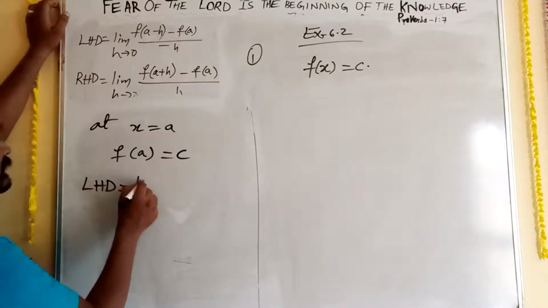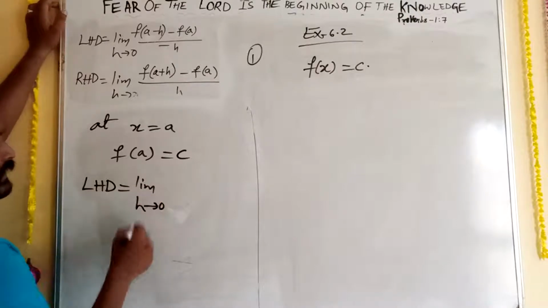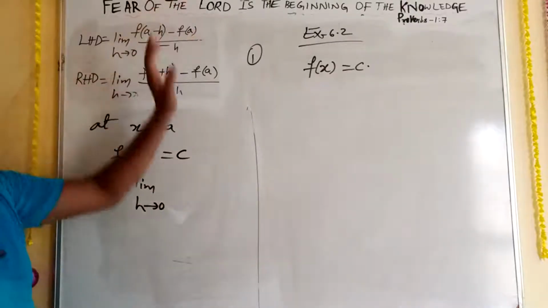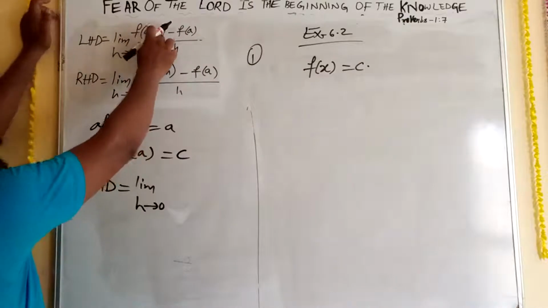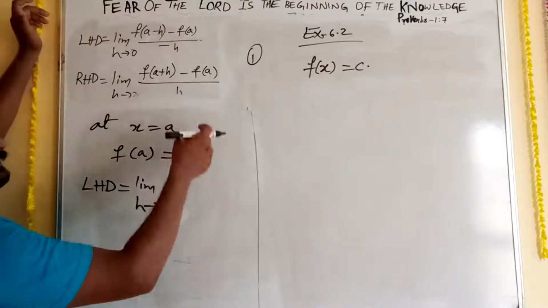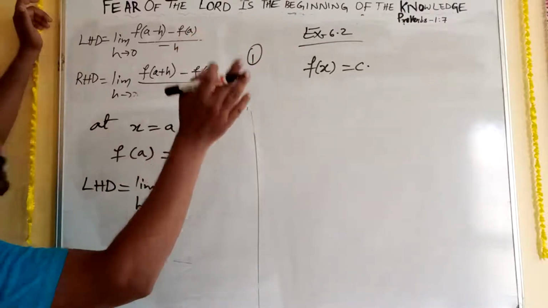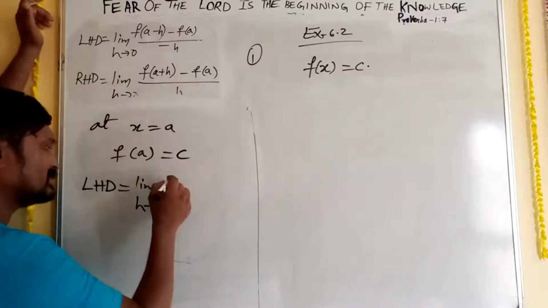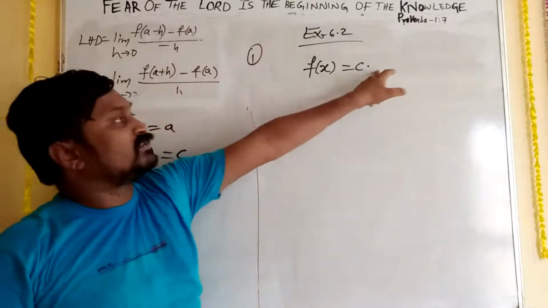Now LHD, limit h tends to 0. I'm not writing the formula, directly writing the answer. f of a minus h: we are not able to substitute a minus h, so only c is there, because there is no x.